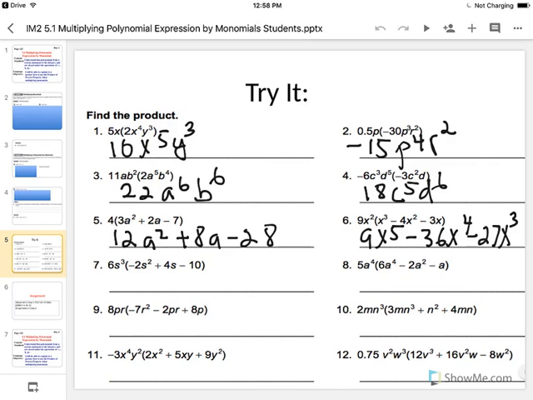So the result is a trinomial of degree 5. And for number 7, we have a monomial of degree 3 times a trinomial of degree 2, and the result is a trinomial of degree 5. And for number 8, we have a monomial of degree 4 times a trinomial of degree 4.